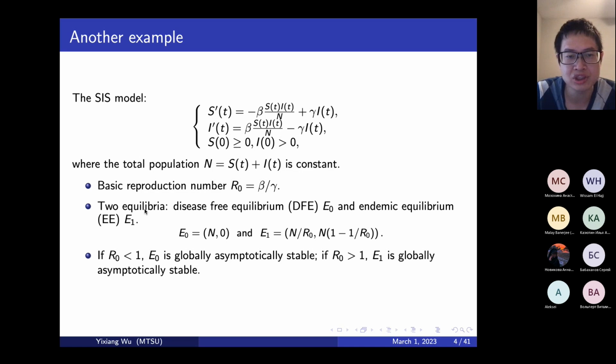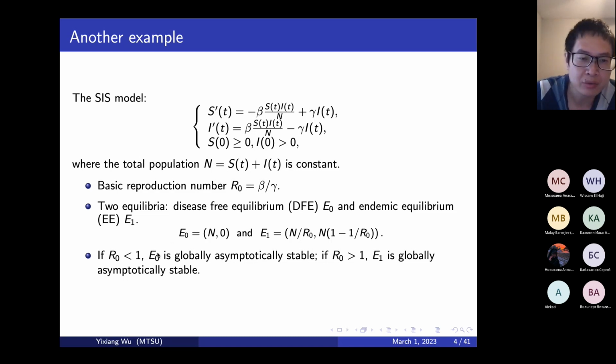It's easy to check the model always has a disease-free equilibrium. I will call this DFE in the rest of the talk. And the model may have a positive equilibrium. We call the positive equilibrium the endemic equilibrium, E1. The endemic equilibrium E1 exists when the basic reproduction number R0 is greater than 1.